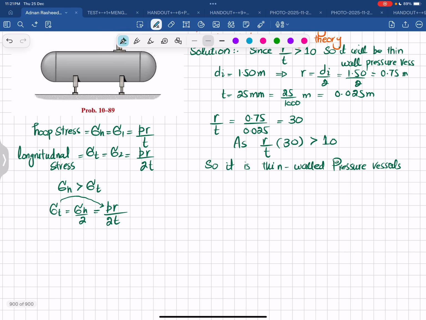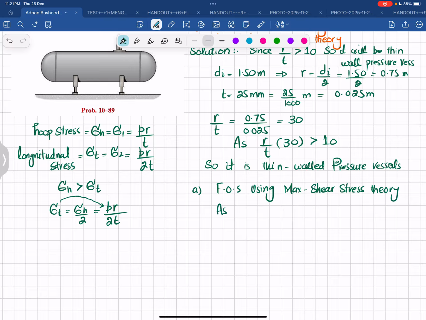So sigma tangential is half of hoop stress. Okay, now we have this sigma 1 and sigma 2. So first we will find the factor of safety using the maximum shear stress theory.